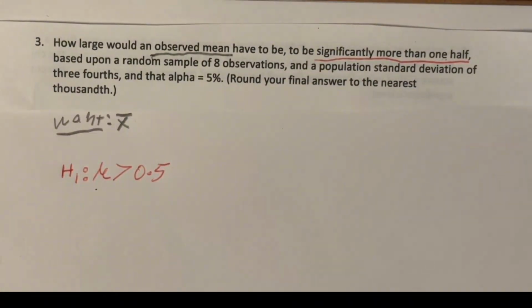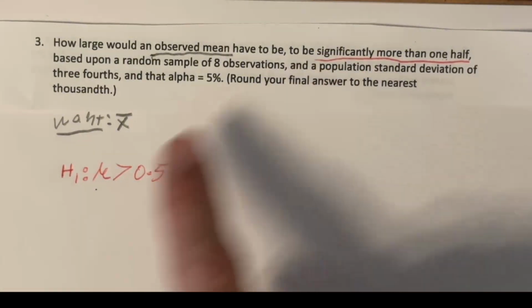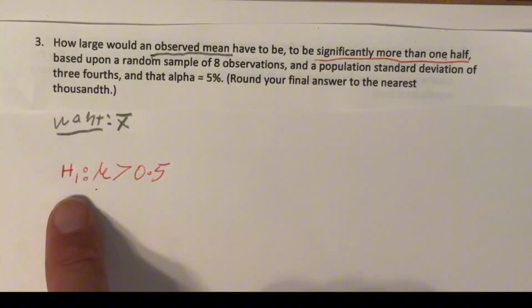So I'm writing the alternative hypothesis, H1, and some of your professors may use HA, doesn't matter, obviously. But the alternative hypothesis is that the population mean, which we symbolize by the Greek letter mu, is greater than 1/2. The word significantly is what tells us that we're specifying the alternative and not the null hypothesis.